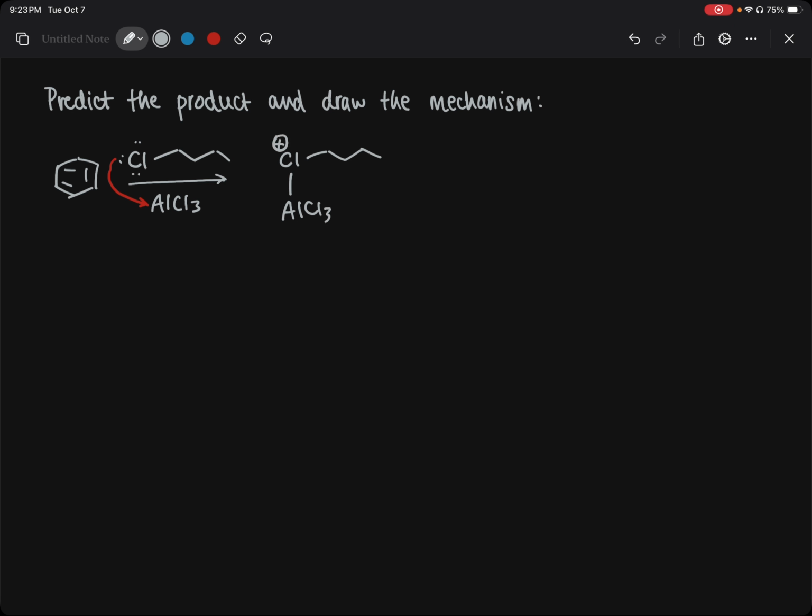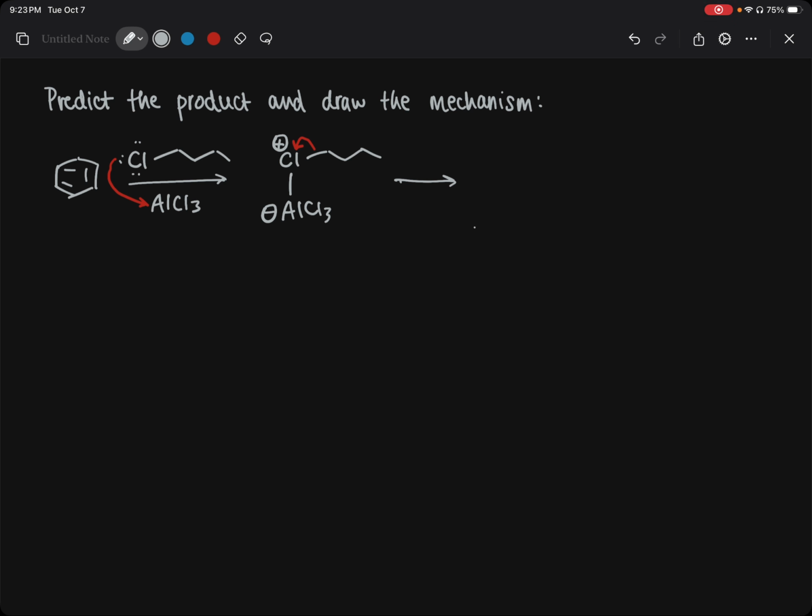The chlorine has a positive charge, aluminum has a negative charge. And now the really important step is we're going to break the bond between this carbon and the chlorine. So those electrons are going to move onto the chlorine. And here we're going to create a carbocation. So that carbon is going to end up with a positive charge.